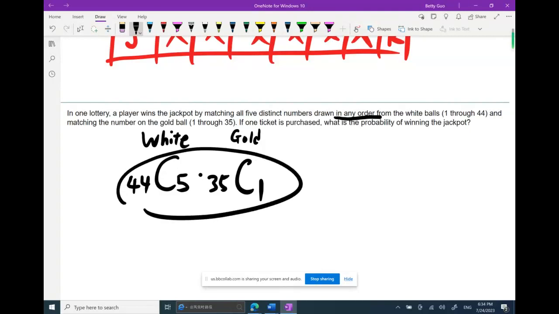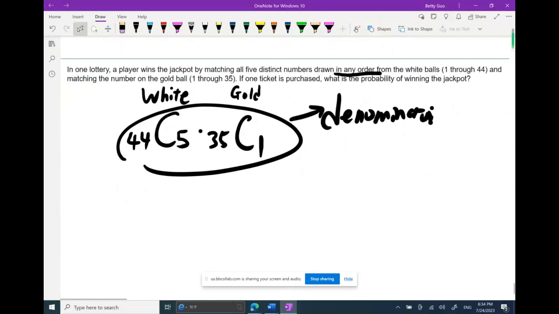So that number is going to be our denominator. And the numerator, imagine. How do we find the numerator? We want to get a jackpot, right? So imagine you have a superpower.